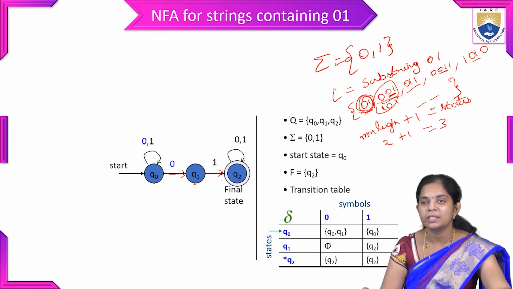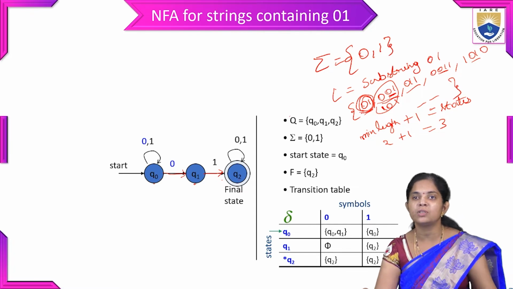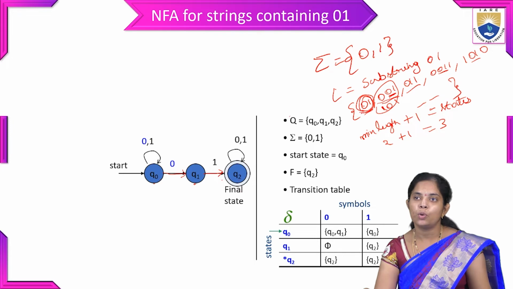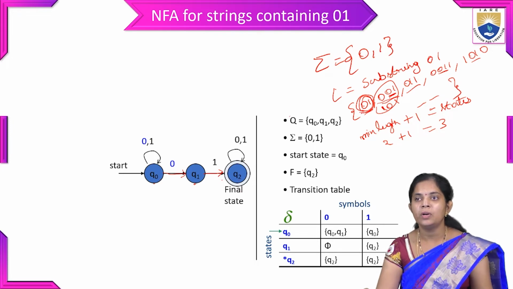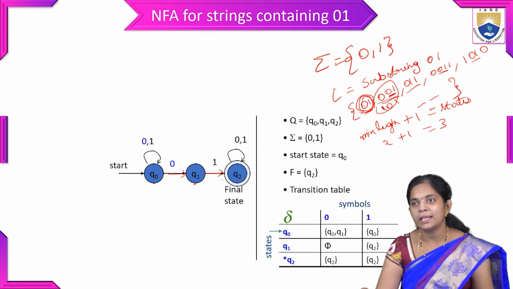Sigma is nothing but 0, 1, the alphabet symbols. The start state is Q naught and the final state is F, sorry, Q2.